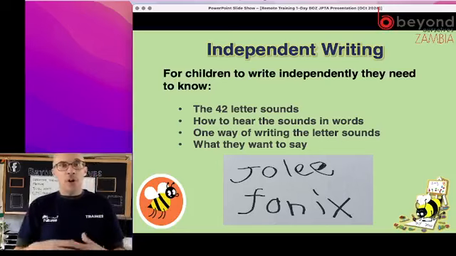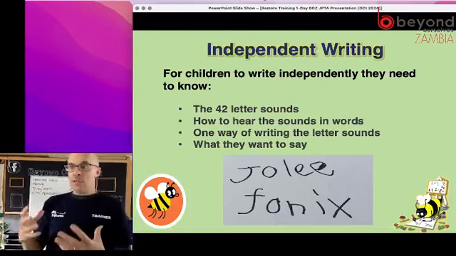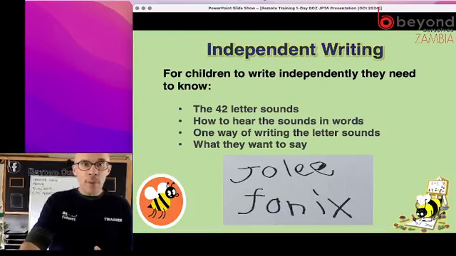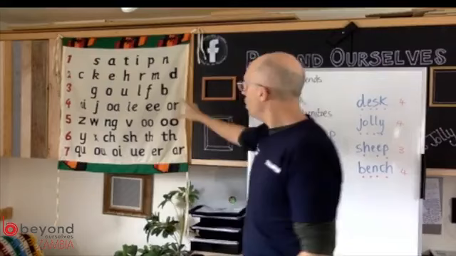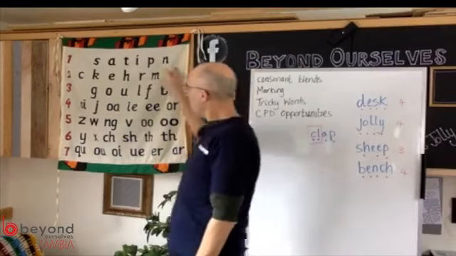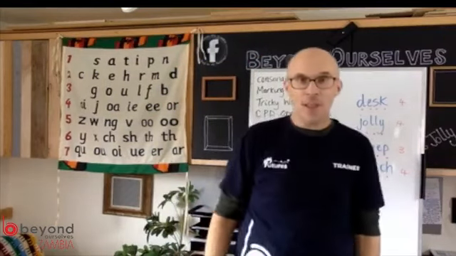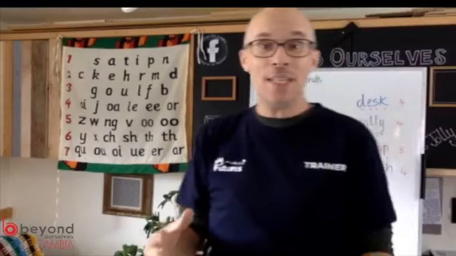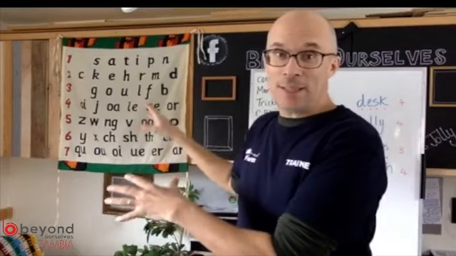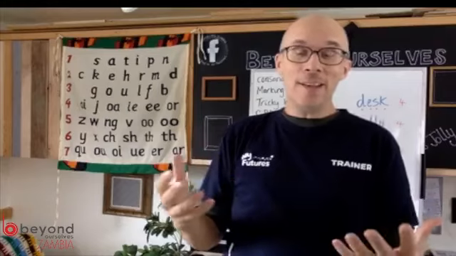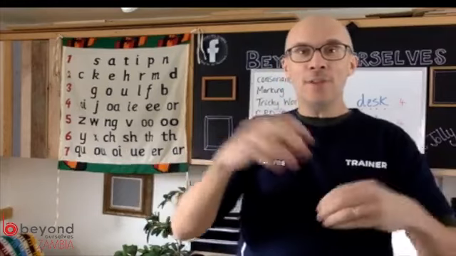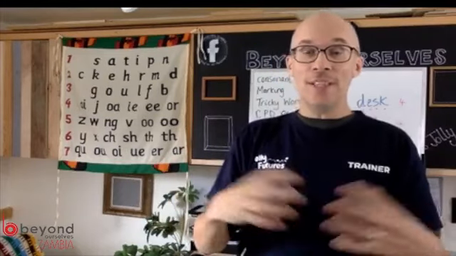So once your learners know the 42 sounds, and if you remember here, let's go back to this image here. As they learn these sounds, there's actually over 170 different ways of spelling these sounds. English is a really complicated language because England is an island that's had invaders from all of these different countries over the centuries.